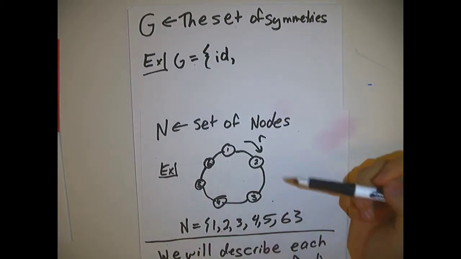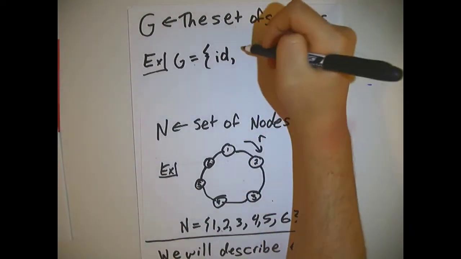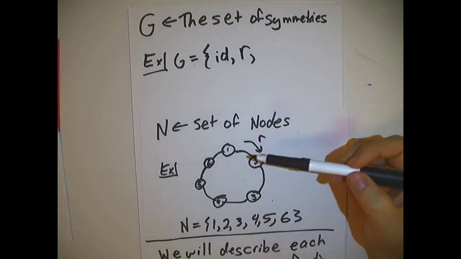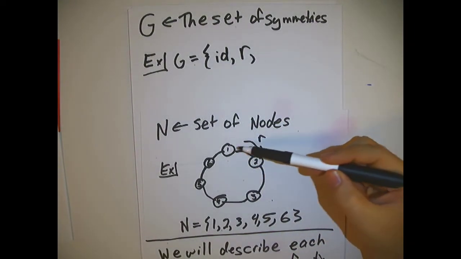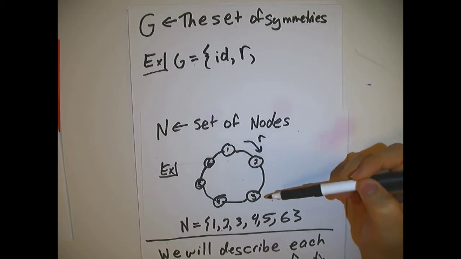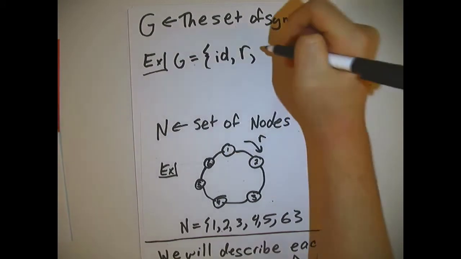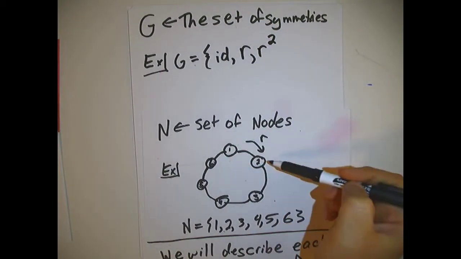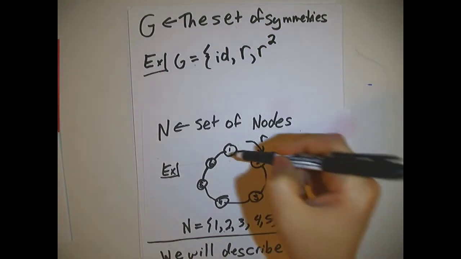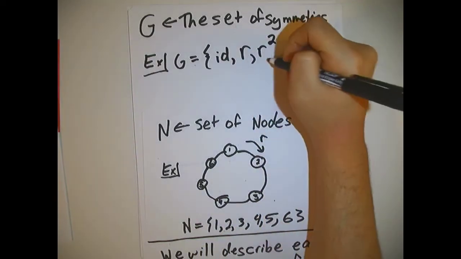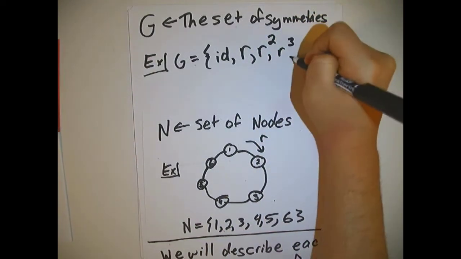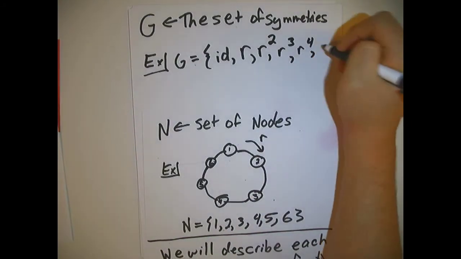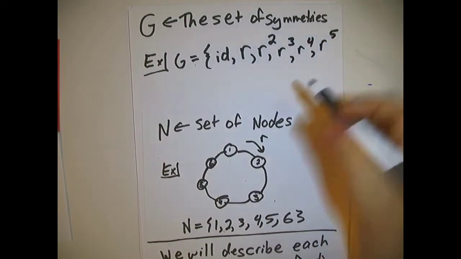Then there's the symmetry we already named R. And then there's rotating two notches instead of one, which I'm going to call r squared, because that's rotate and then rotate. Likewise, there is rotate 3 times, which I'm going to call r cubed, and then 4 times, which is r to the 4th. And finally, there's rotate 5 times.